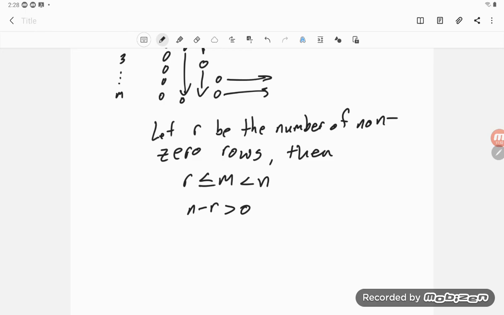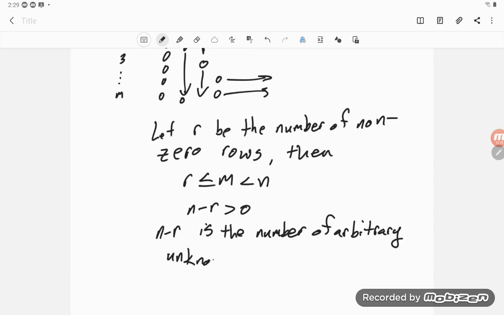And n minus r is the number of arbitrary unknowns. But that's greater than 0. Okay, so there has to be at least one arbitrary unknown.